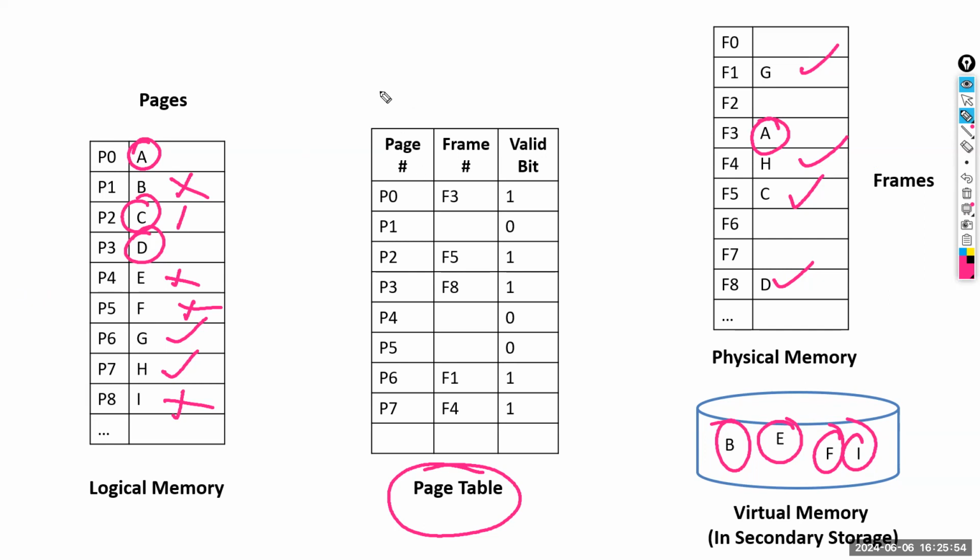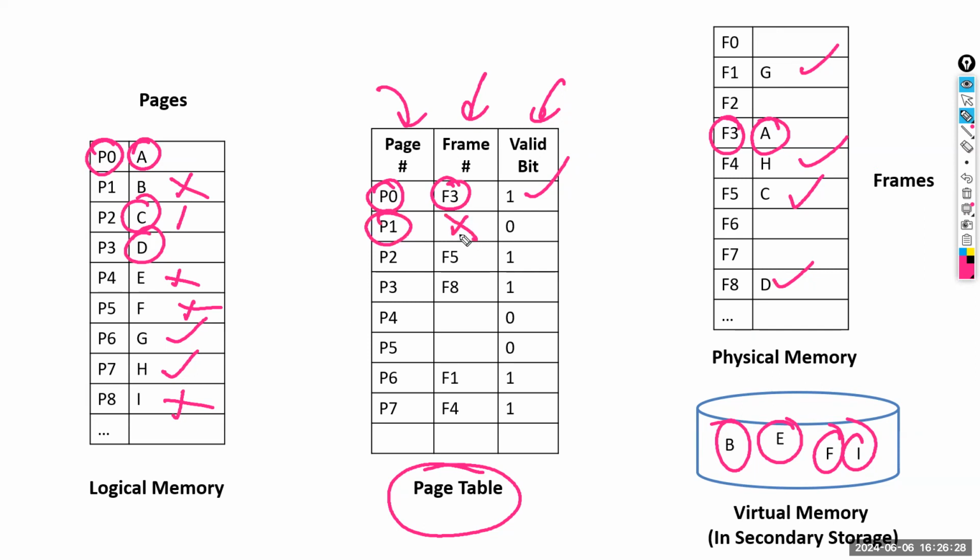So it has a page number and a frame number, and there's a third field called the valid bit. For example, page 0 is mapped to frame 3 and it's valid. Valid means it's a valid mapping, that is, the page has a valid frame. Then page 1 is not mapped here. We have page 1, but there's no frame number.